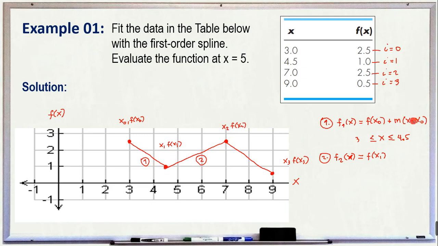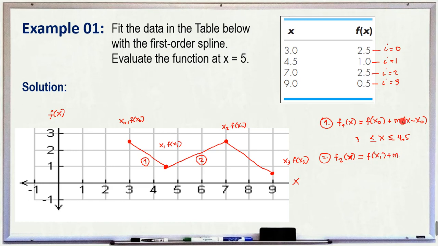But in the book, to keep it uniform, our basis is the first data point towards the left. The same thing applies with line 2. For line 2, its first data point is x1, so we have f of x1 plus the slope.